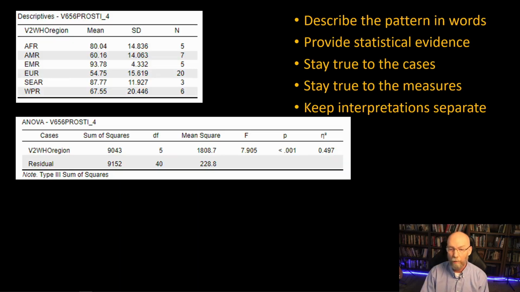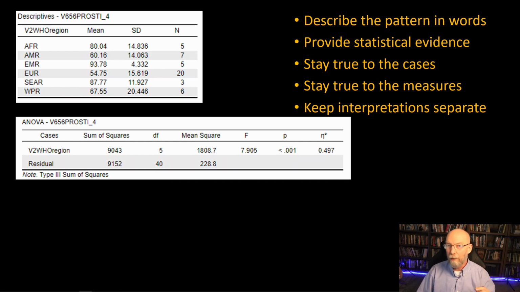Let's jump back over where we can look at this in a larger format. All right, so here's what we do. I've moved the descriptives up to the top here because that's actually what we're more interested in. And you can see that in Africa, 80% of the population, on average for African countries, we're talking about countries.